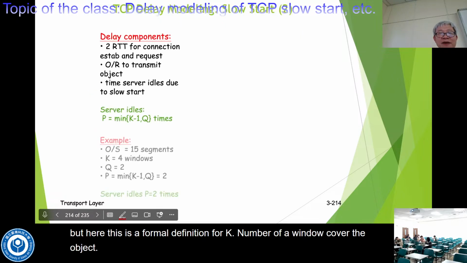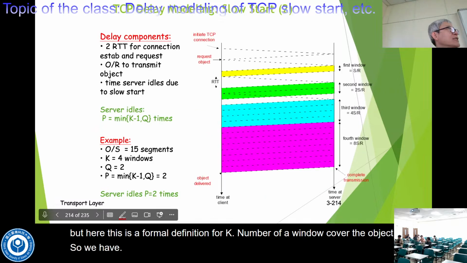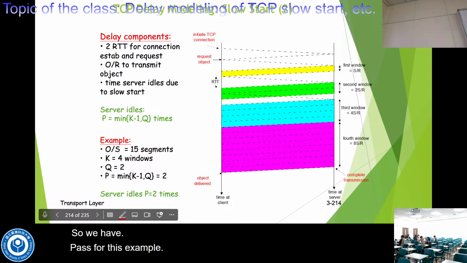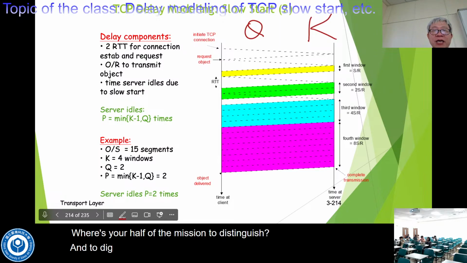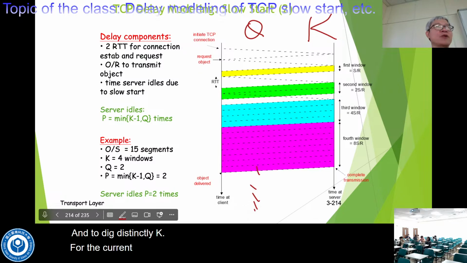So we have a possible example. We should distinguish Q and K. For the current example, if we have a really large file, then Q is equal to 2.